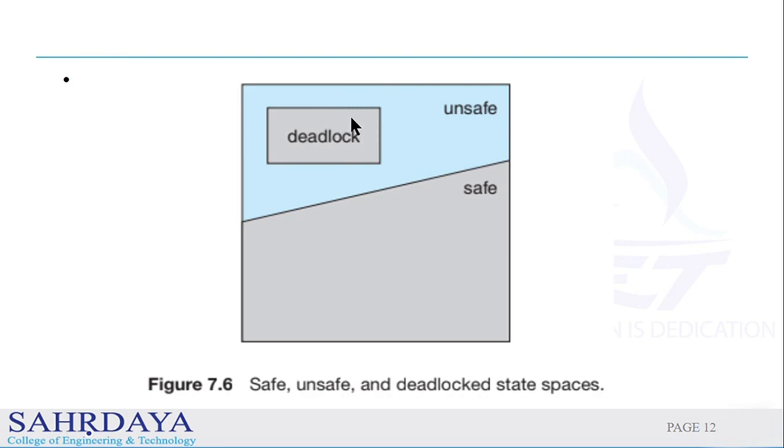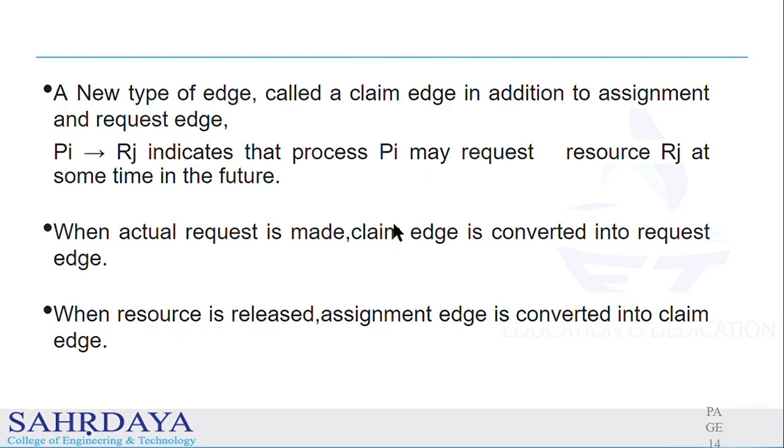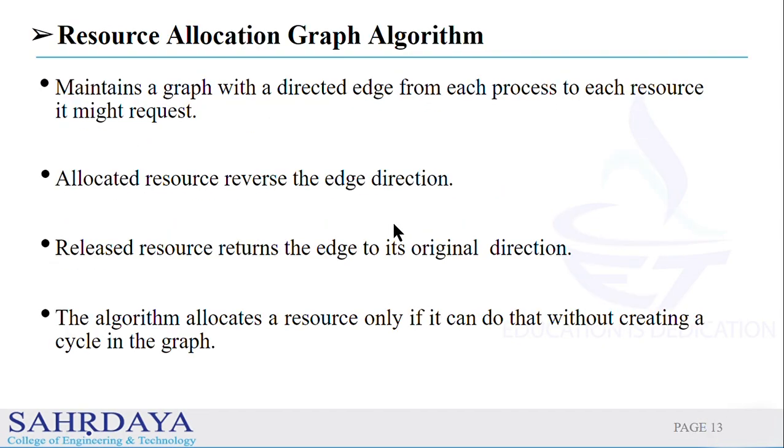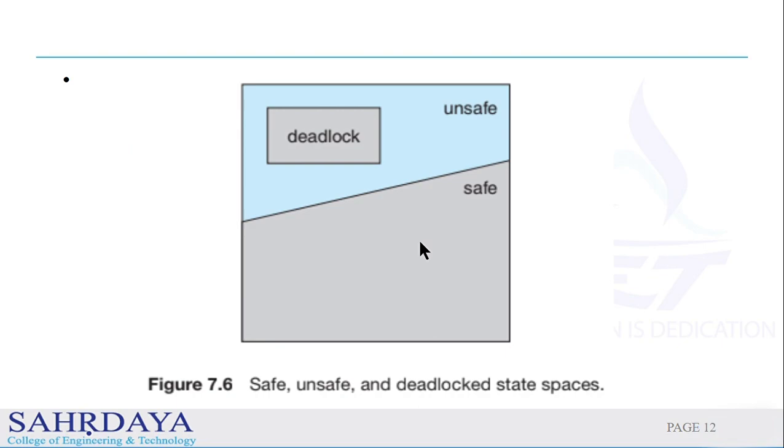So if your system is in a safe state, you can say there would not be deadlock. But this system is in an unsafe state.